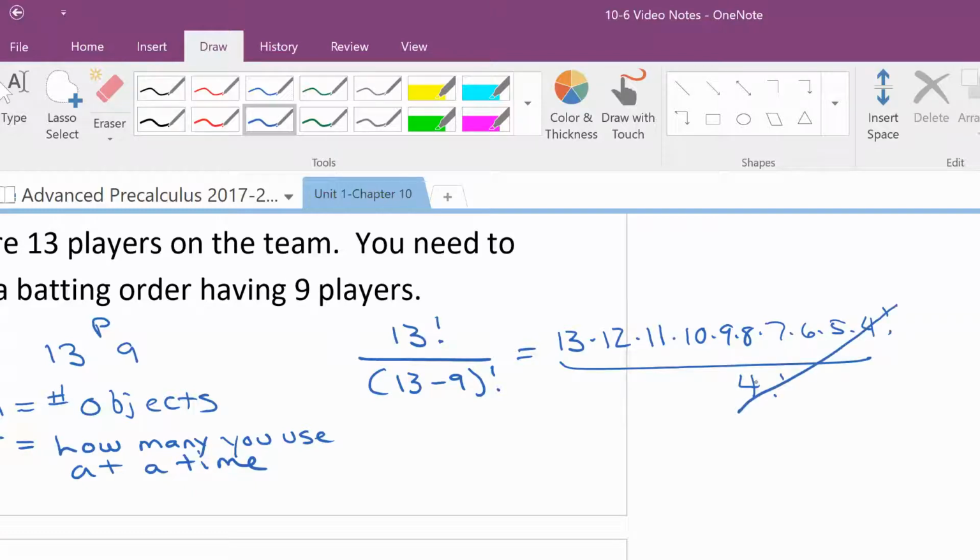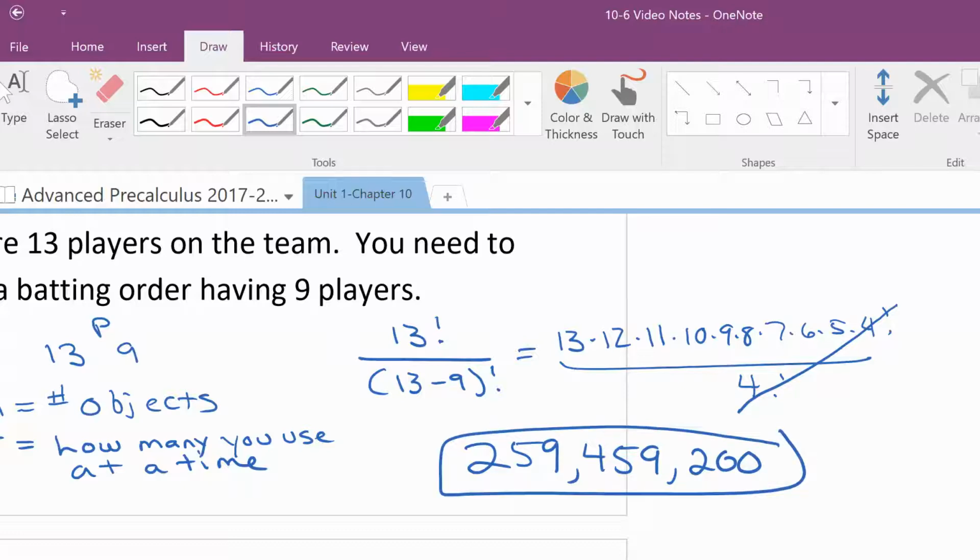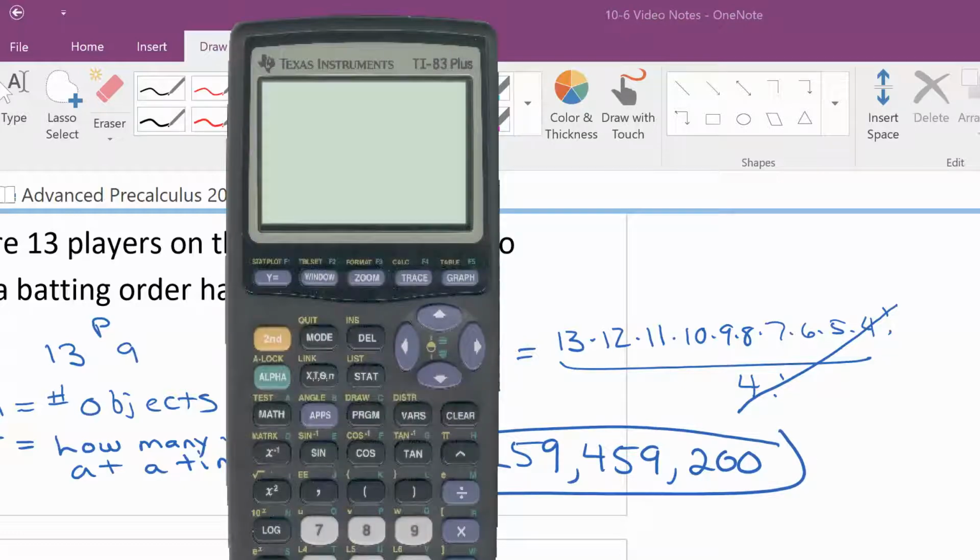So basically you just have to type in 13 times 12 times 11 times 10 times 9 times 8 times 7 times 6 times 5, and you get your answer of 259,459,200.